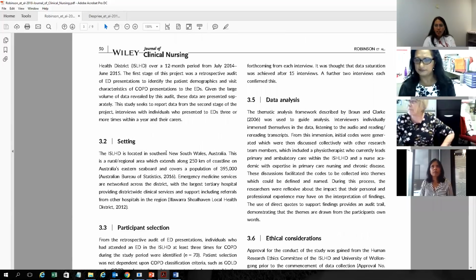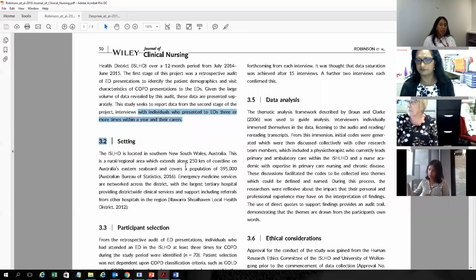Here we're looking at people who suffer from COPD and present often at the ED: individuals who presented to EDs 3 or more times within a year, and their carer. So it has to be people who had COPD, and they should have presented to the ED 3 or more times. Can you work out what kind of sampling technique was used here?